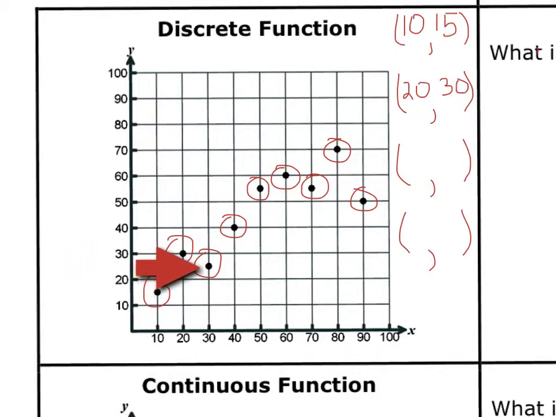Now we're going to look at the third one. Third one has an x value of 30 and a y value of 25. And then our fourth that we're going to look at is this one right here. It has an x value of 40 and also it has a y value of 40.